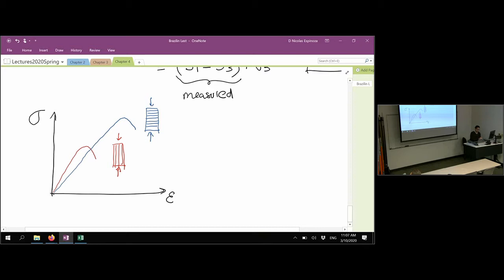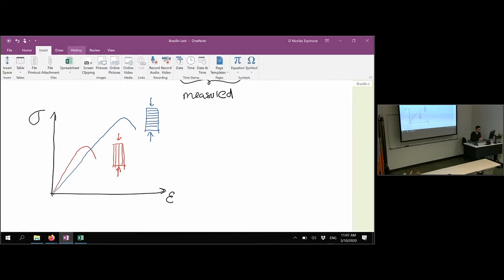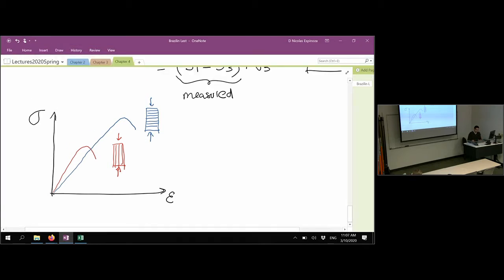And the reason for that is that usually bedding interfaces are weak planes. So this is a big assumption that I have here that happens in most rocks.